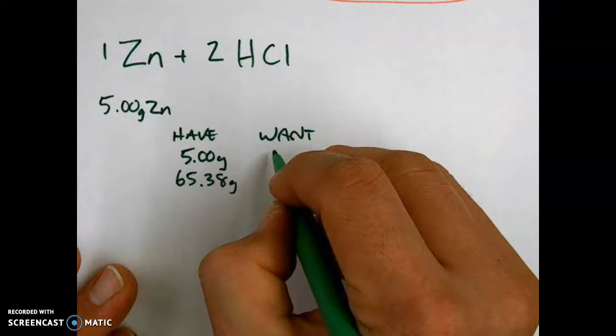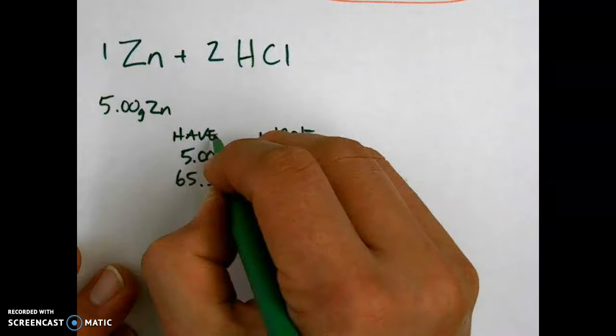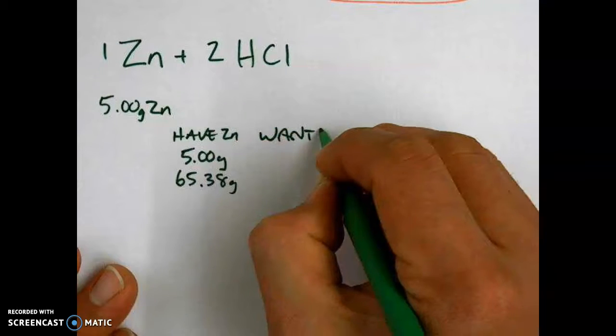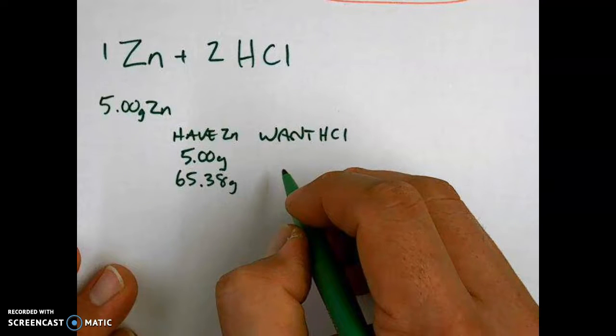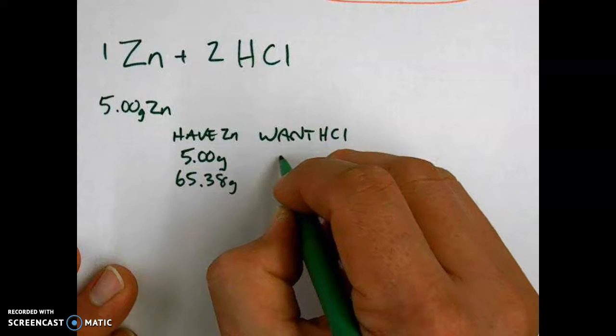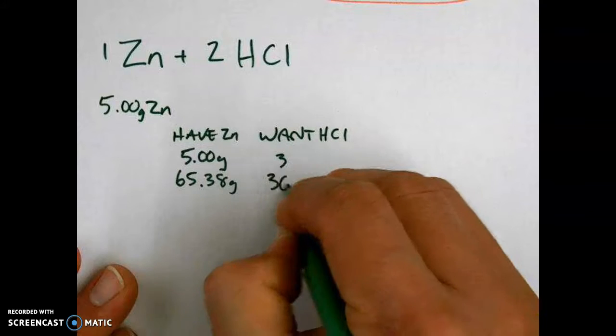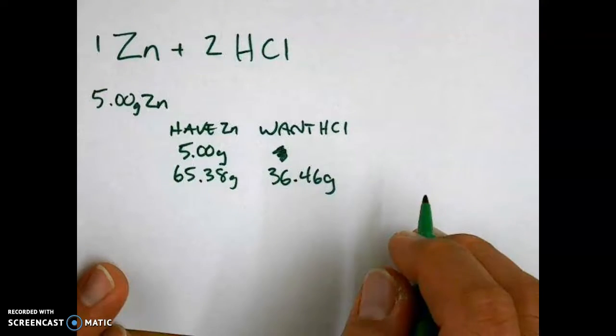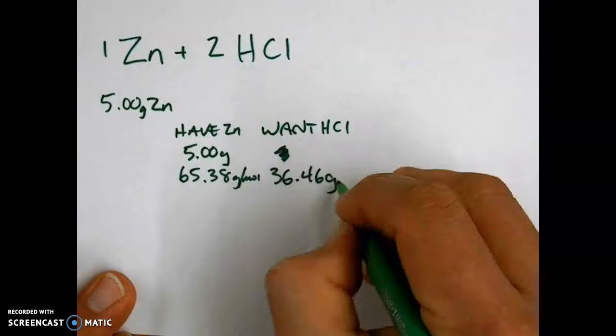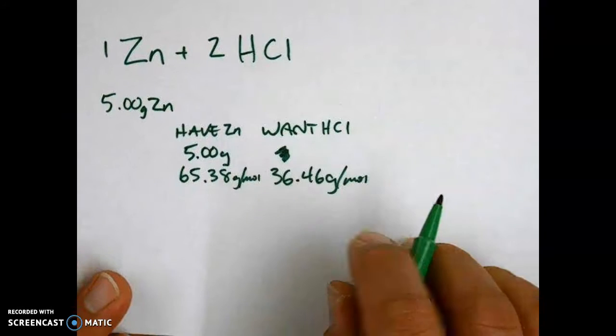What I want is HCl, and HCl is 35.45 plus 1.01, so 36.46. So that's the molecular weight.